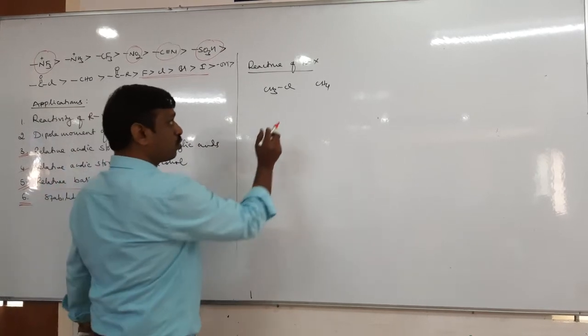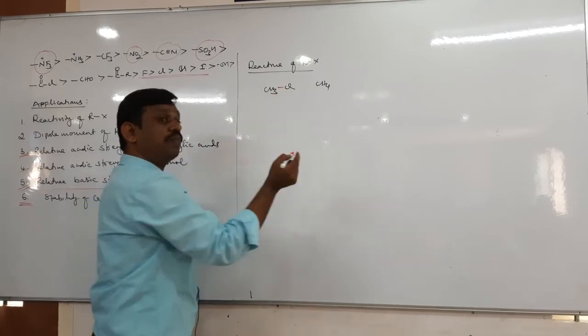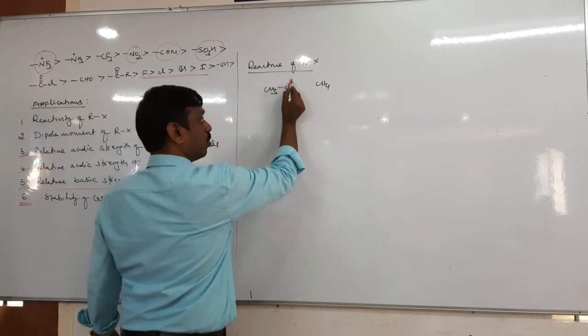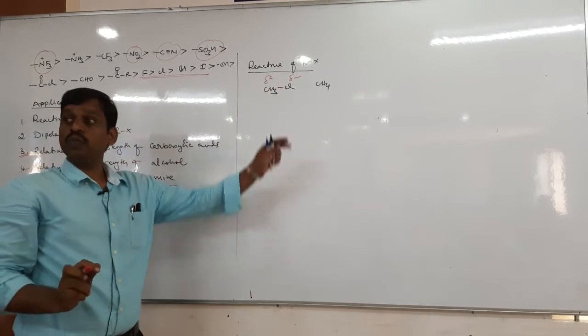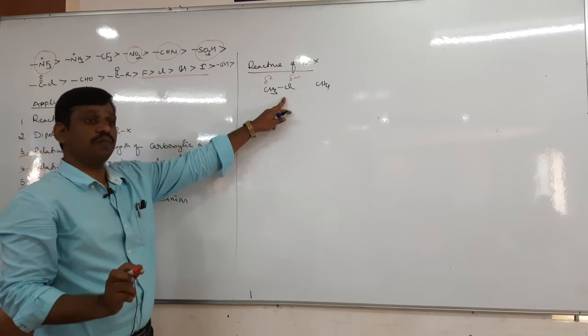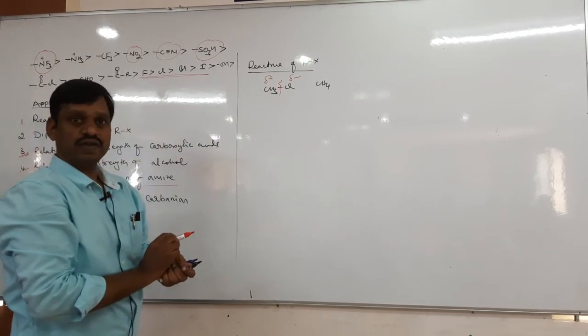Due to inductive effect, the carbon halogen bond gets polarized. It means chlorine gets partial negative and carbon gets partial positive. Due to polarization of this carbon halogen bond, the bond can be broken easily, right?